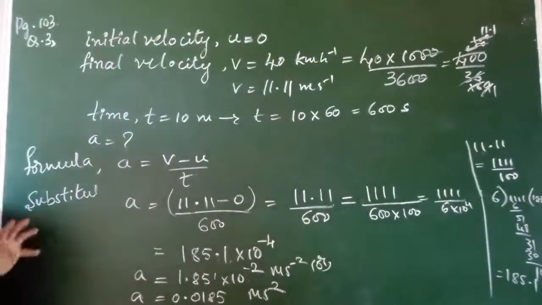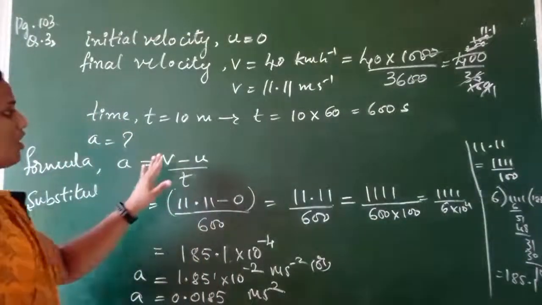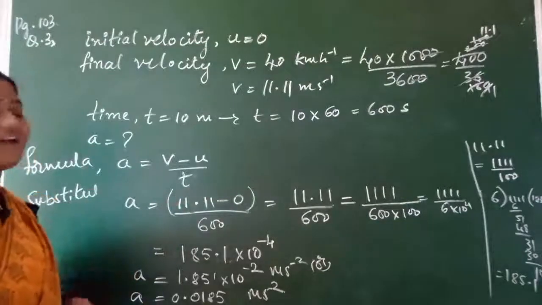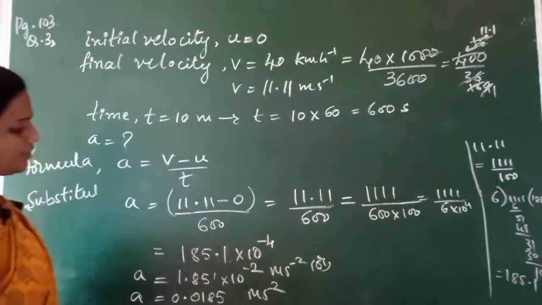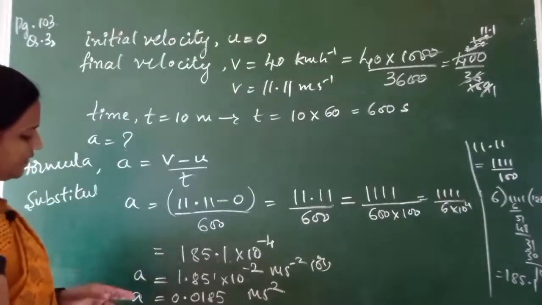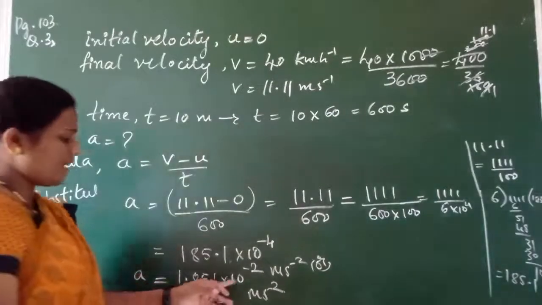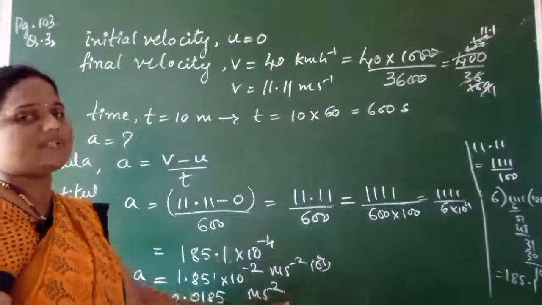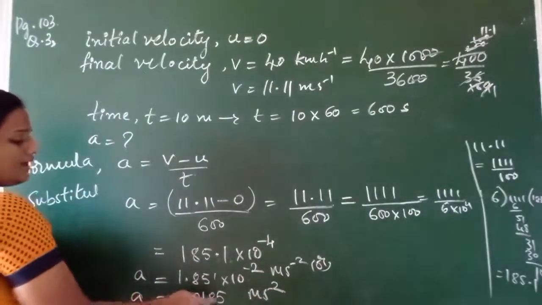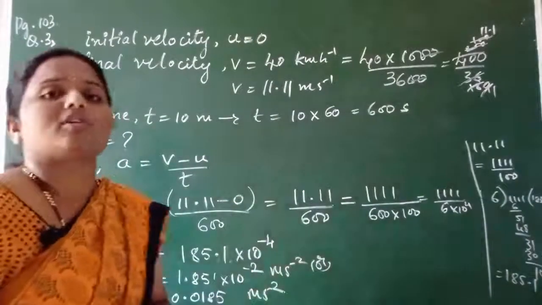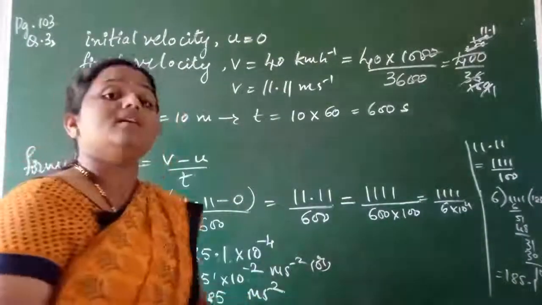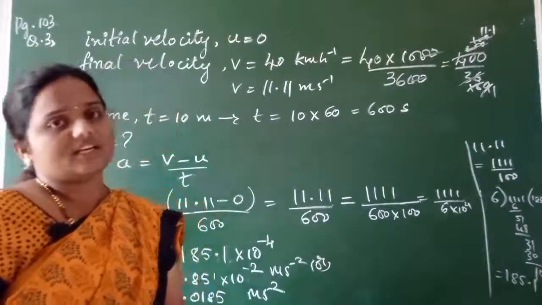Then acceleration we want to calculate. Now use the formula, A is equal to V minus U divided by T. So after substituting all the values and dividing, you will get A equals 1.851 into 10 to the power of minus 2 meter per second square, or 0.0185 meter per second square. Is it clear, children?